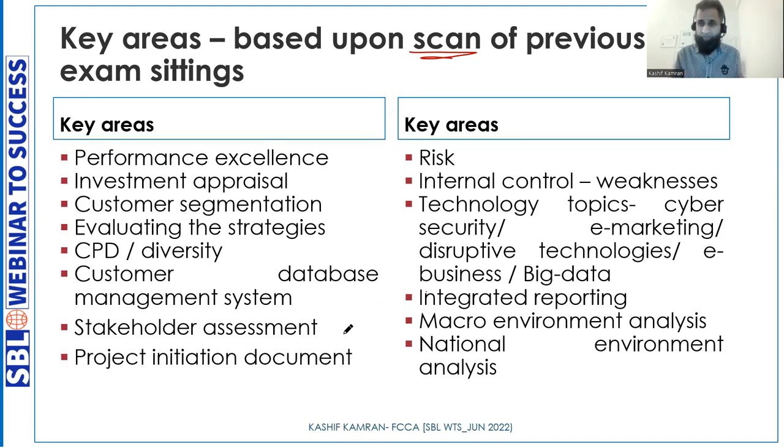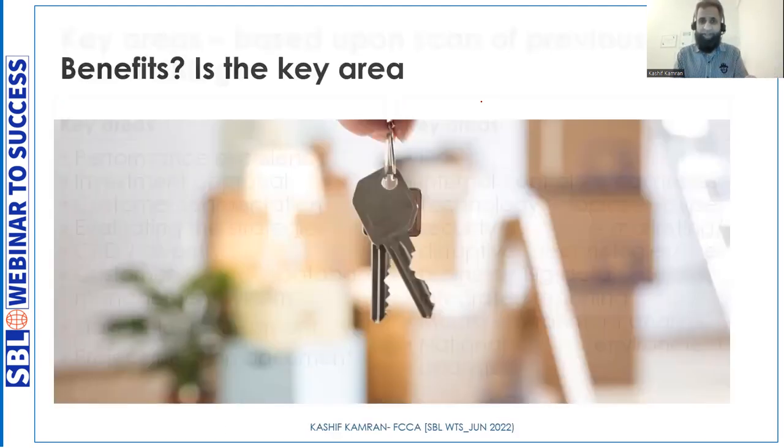Any day when you're working in the organization, something unusual can come in front of you for which you are not prepared, and you have to take a decision at that point in time: what is best? And that's exactly the SBL paper. So even though these are regular areas in front of your screen, you should be prepared for areas which are not relatable to any syllabus area. I've just given you a few examples, and I hope you're sound with them: many times a question might ask you something which is not relatable to a specific syllabus area. We did discuss the benefits.